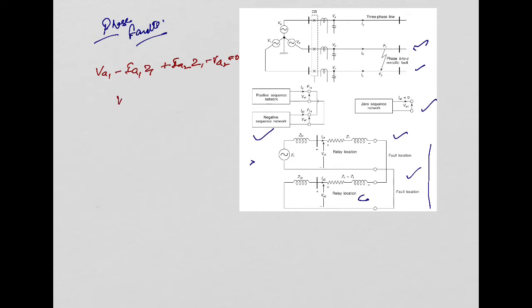After this manipulation, we will get (VA1 minus VA2) divided by (IA1 minus IA2), and I am assuming that you know about VA1, VA2, IA1 and IA2.